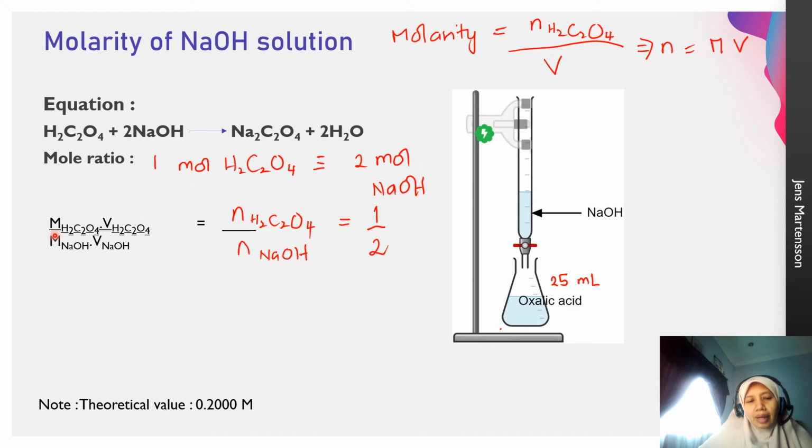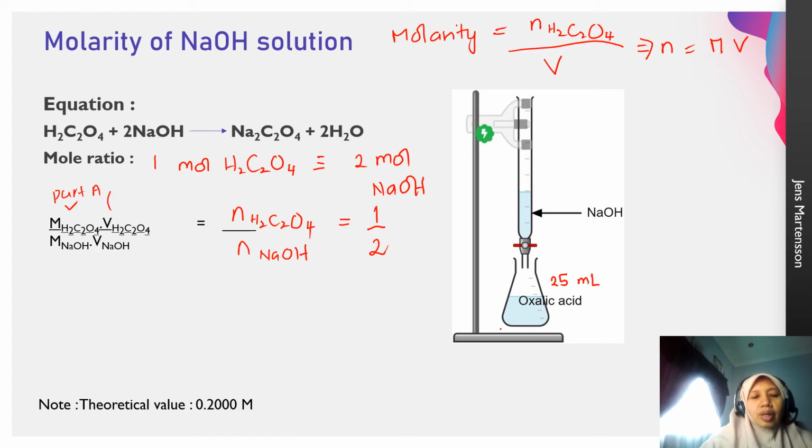Do we know the molarity of NaOH? This is what we want to calculate. And do we know the volume of NaOH from the average volume that we have calculated before? Yeah.